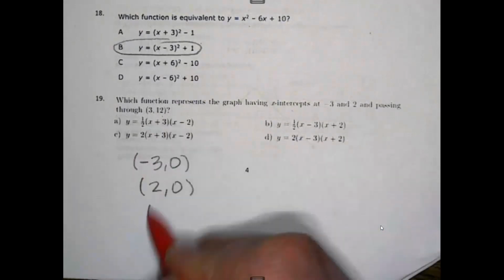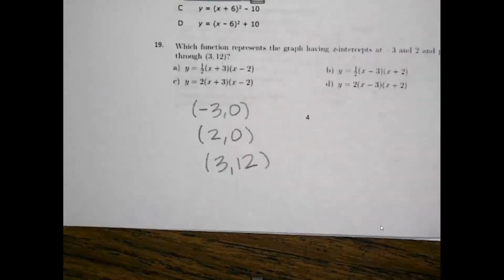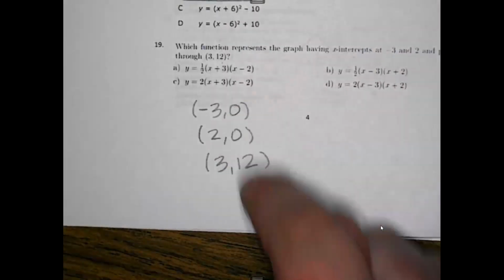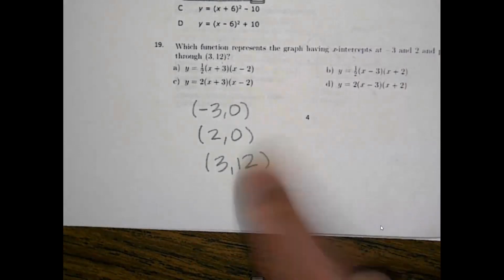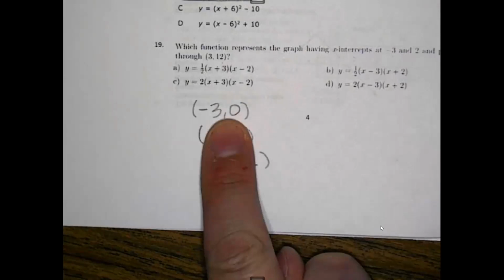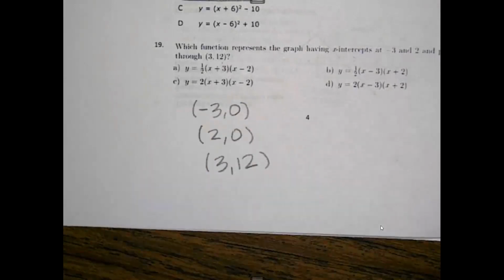We also want to graph (3, 12). So what we can do to see which answer is right, we can graph all 3 of these points. And then once we have these 3 points graphed, we can graph the answer choices and see which answer choice goes through all of those points. So I'm going to go to Desmos.